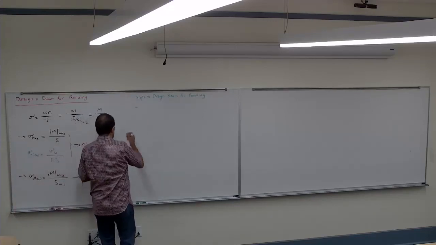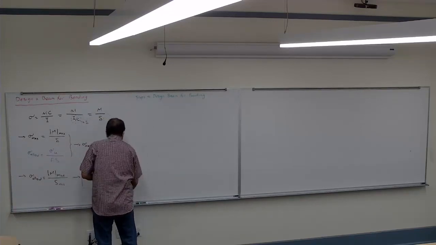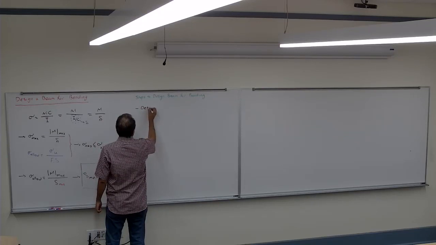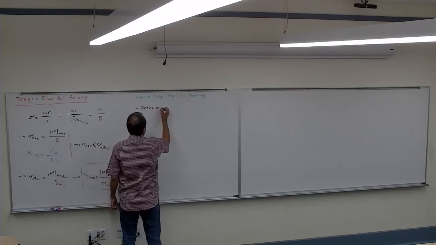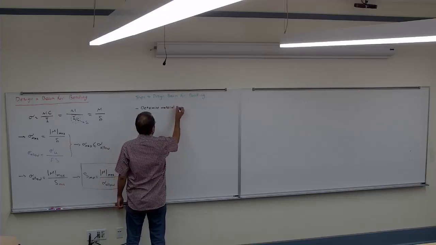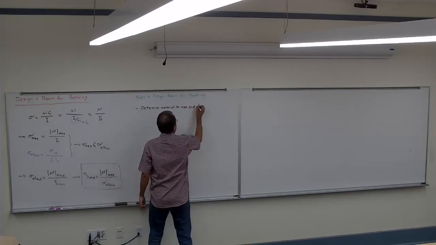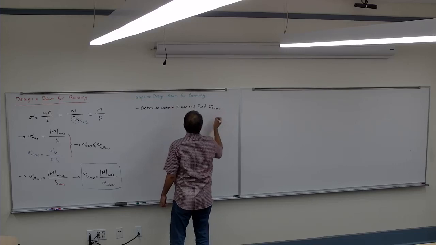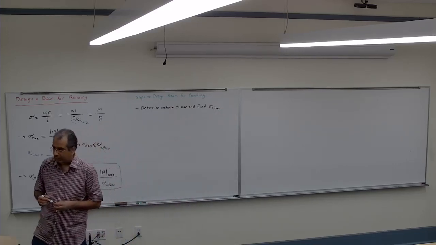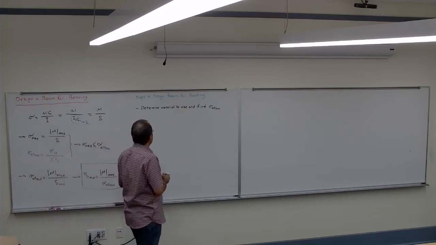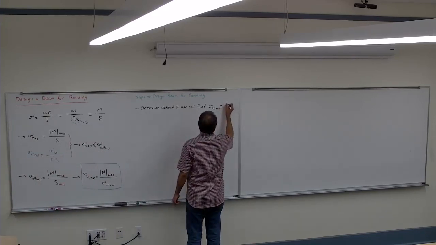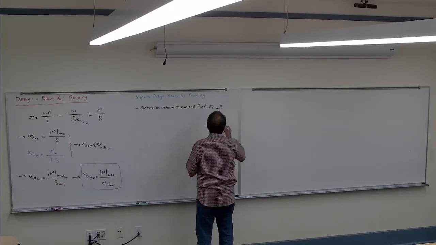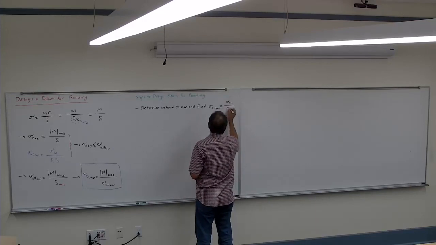So the first step is to determine the material to use and find the sigma allowable, equal to sigma u divided by Fs.